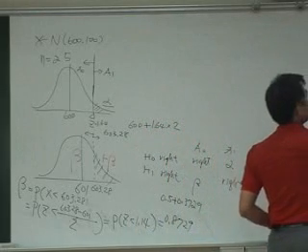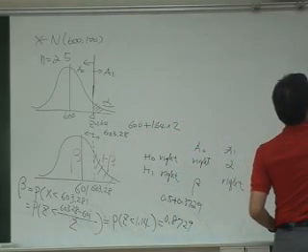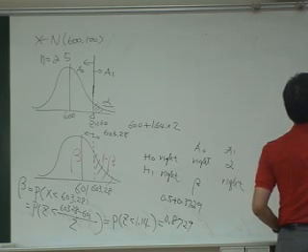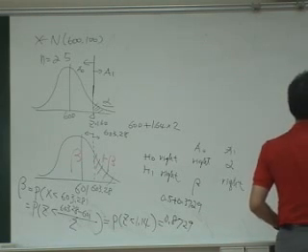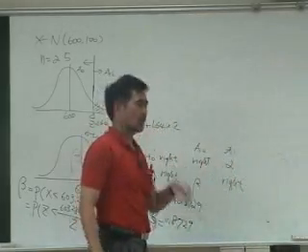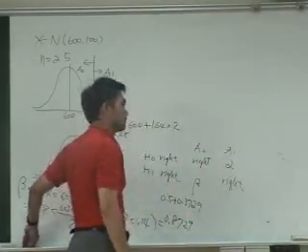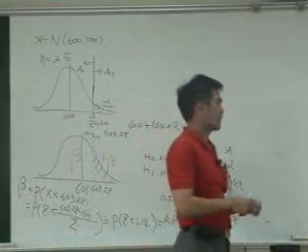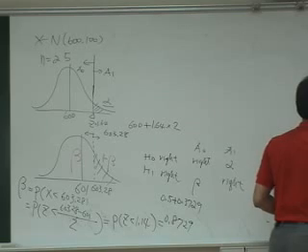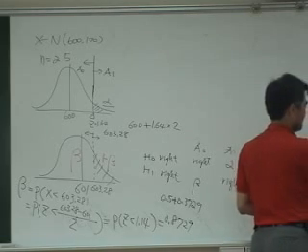So this is alpha, right? And A1, and here A naught. And here it is 1 minus alpha. Okay? So where is beta? This side, right? Here it is 1 minus beta.